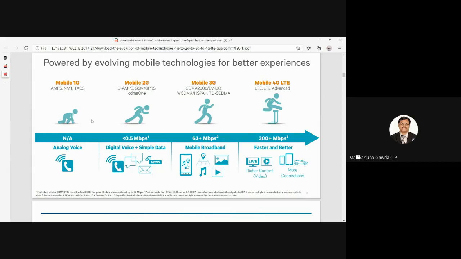Here only voice, so data is not applicable. Here with a little bit of data, less than 0.5 Mbps, we will be able to use digital voice and simple messages. Even the size of the message is restricted to some bytes, maybe some kilobytes.